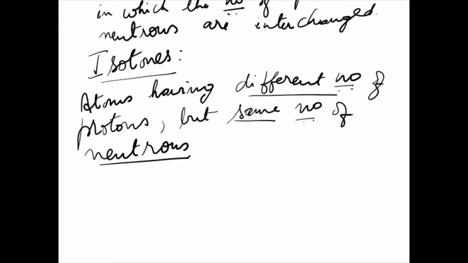Neutrons are same, protons are different. Protons are different implies the number of electrons is also different. These are called isotones.